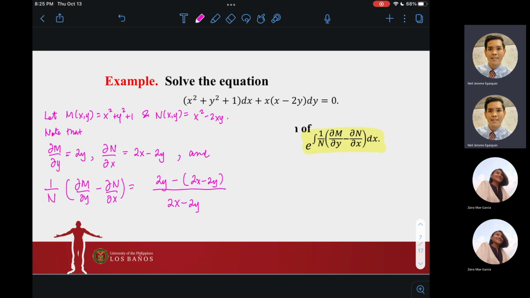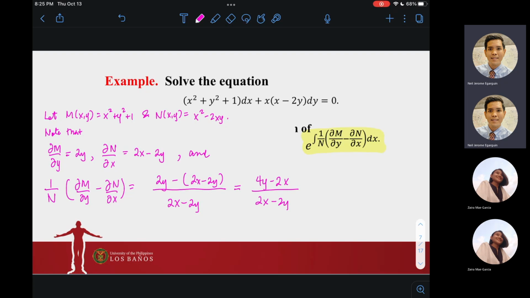And then we'll try to expand and simplify this. And I am having my fingers crossed right now. Sana maging function lamang siya ni x, kasi pag naging function lamang to ni x, makukuha ko yung integrating factor. All right? So this would be 4y minus 2x over 2x minus 2y. Bakit hindi siya equal?